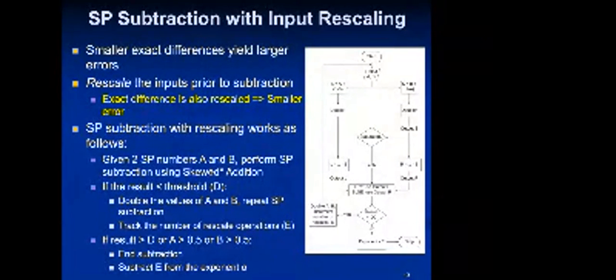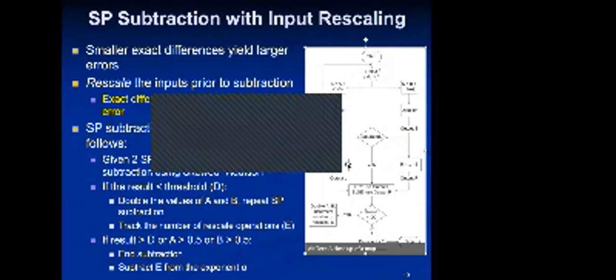So in input rescaling, we're going to take our skewed star adders, and then we are going to scale the inputs A and B prior to subtraction to try and get larger results, because larger exact differences yield smaller errors. So the implementation is shown here on the right, where we take our basic skewed star subtractor design.